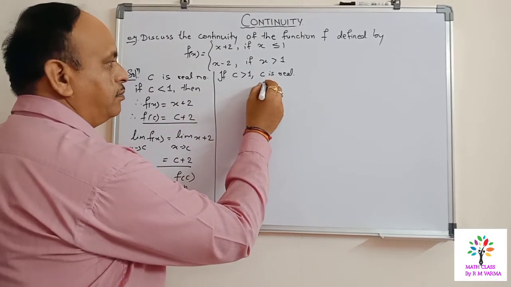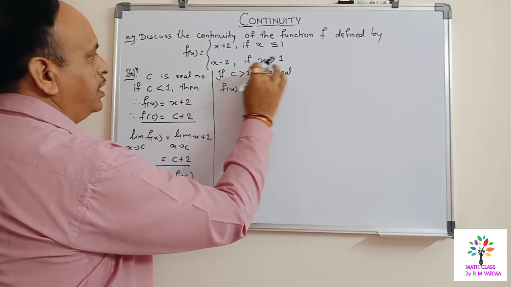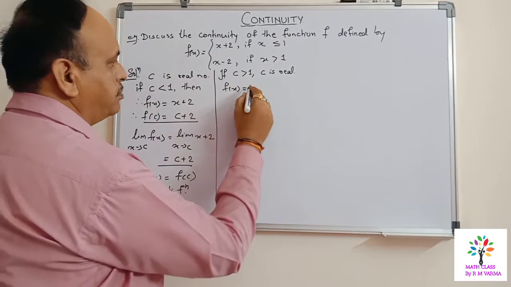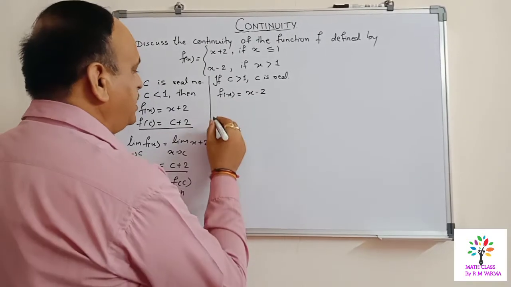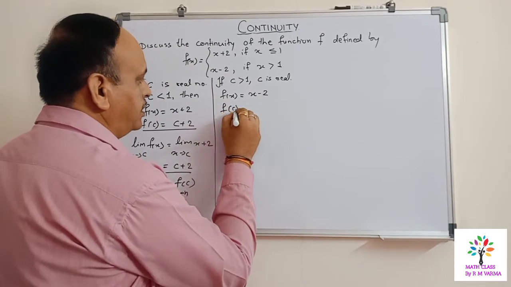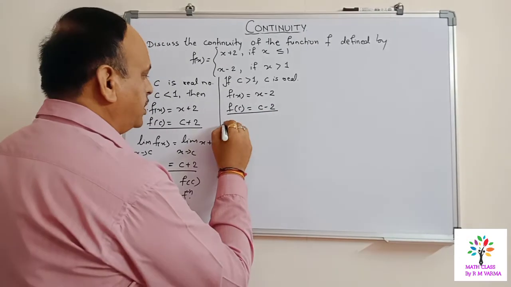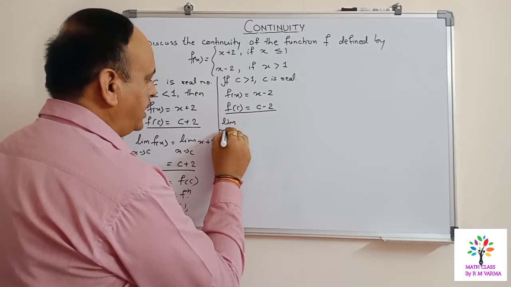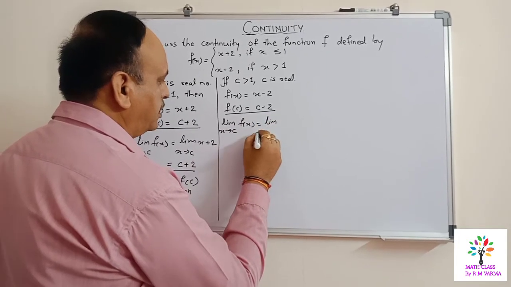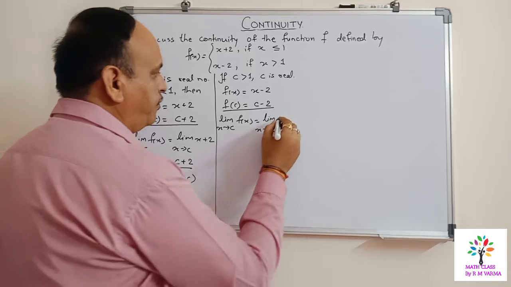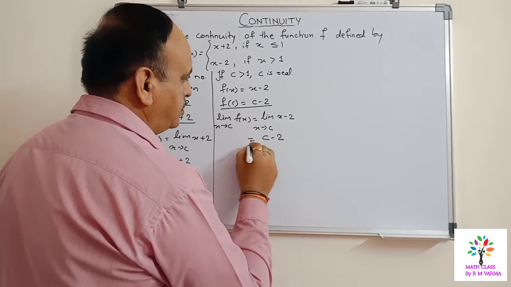If C is greater than 1, my function for x greater than 1 should be f(x) equals x minus 2. Now the value of this function at C, f(C) equals C minus 2. So this is the value of the function. Now the limit: limit as x tends to C of f(x) equals limit as x tends to C of x minus 2, which is C minus 2.